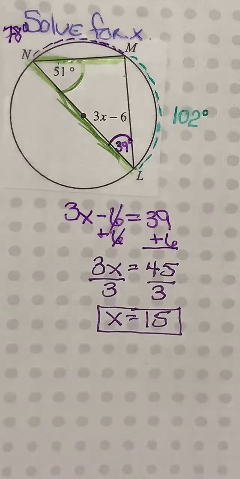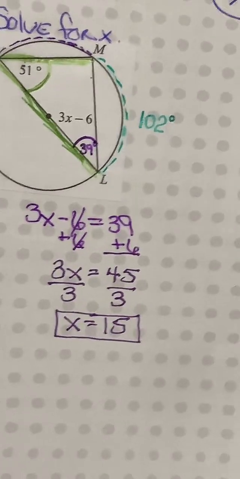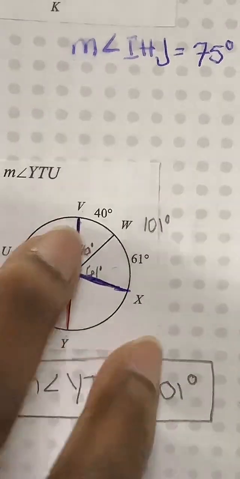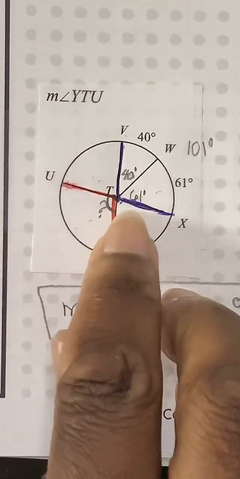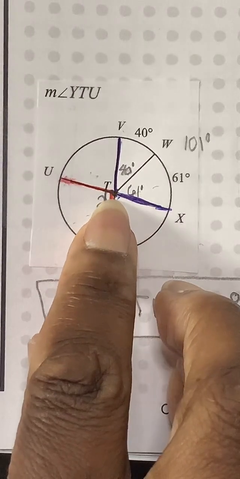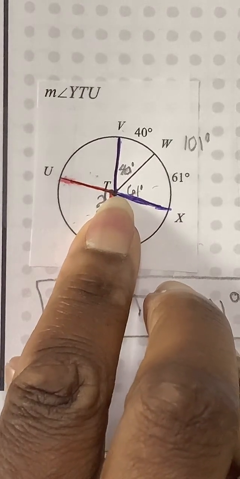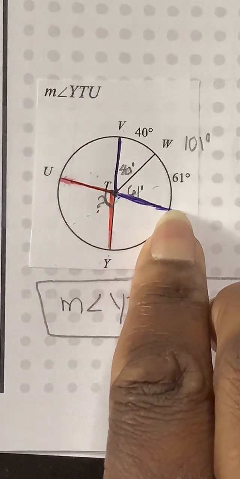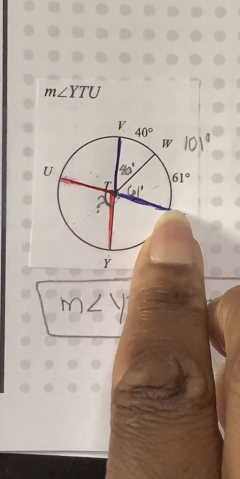The central angle, as we mentioned earlier today, because I did come on here earlier, when it comes to the central angle, when your vertex is on the center of the circle, the measure of that angle is going to be exactly the same measure of the arc.